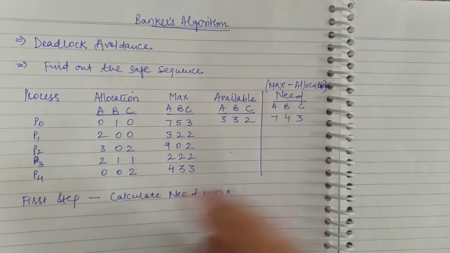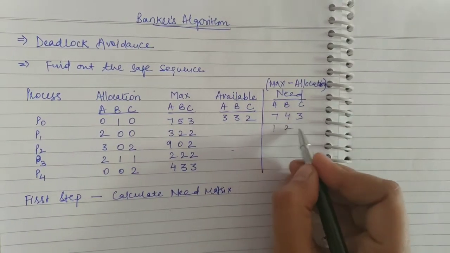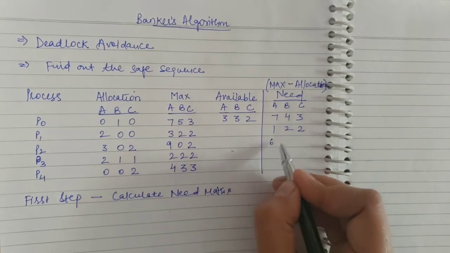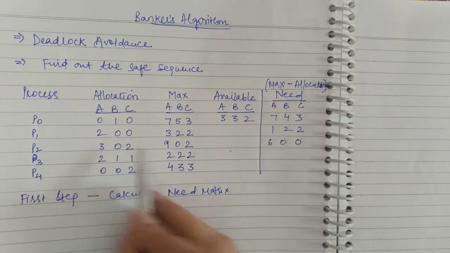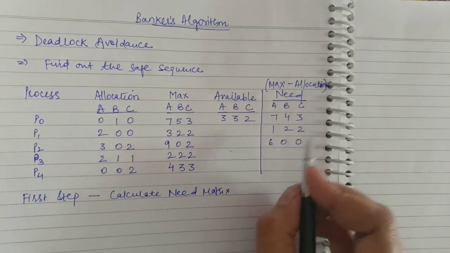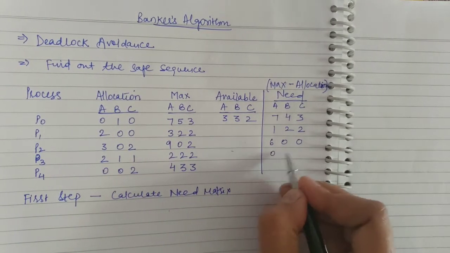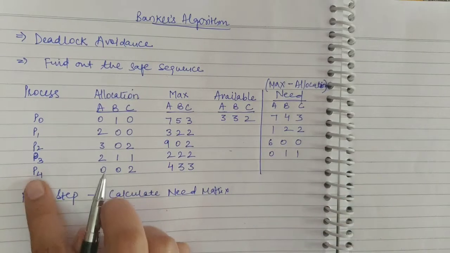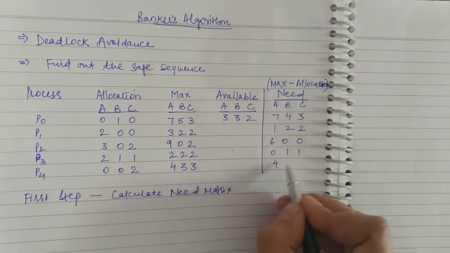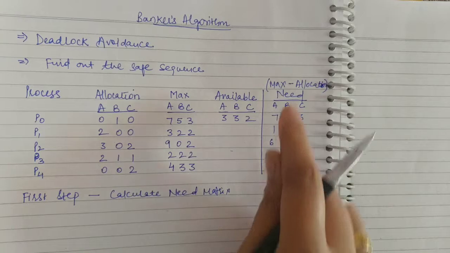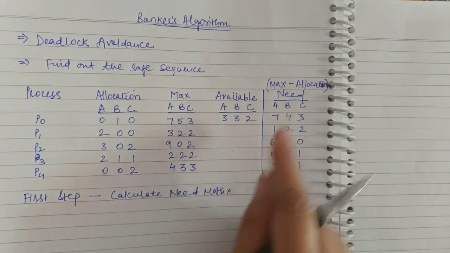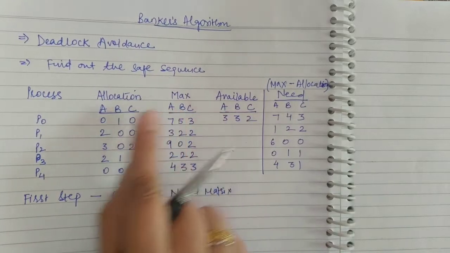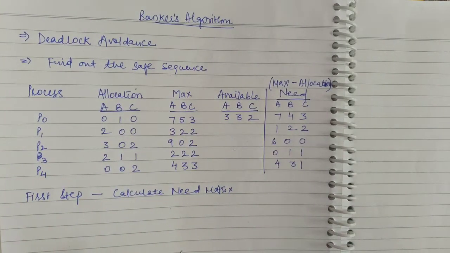And P1, it is 122. P2 is 600. How 600? 902 minus 302. Likewise for process P3, it is 011, and for process P4 it is 431. So this is the need of all these processes, and we have calculated using this formula, max minus allocation. It was very simple, I guess.